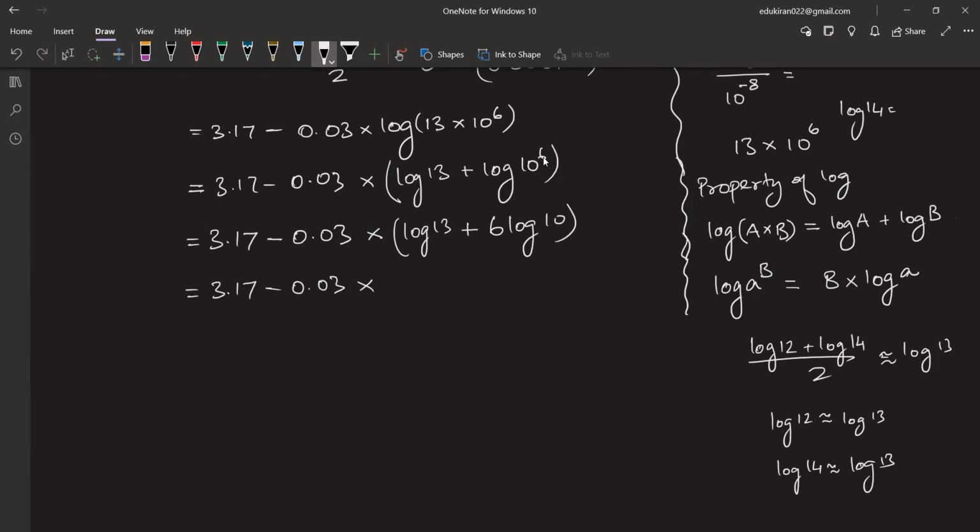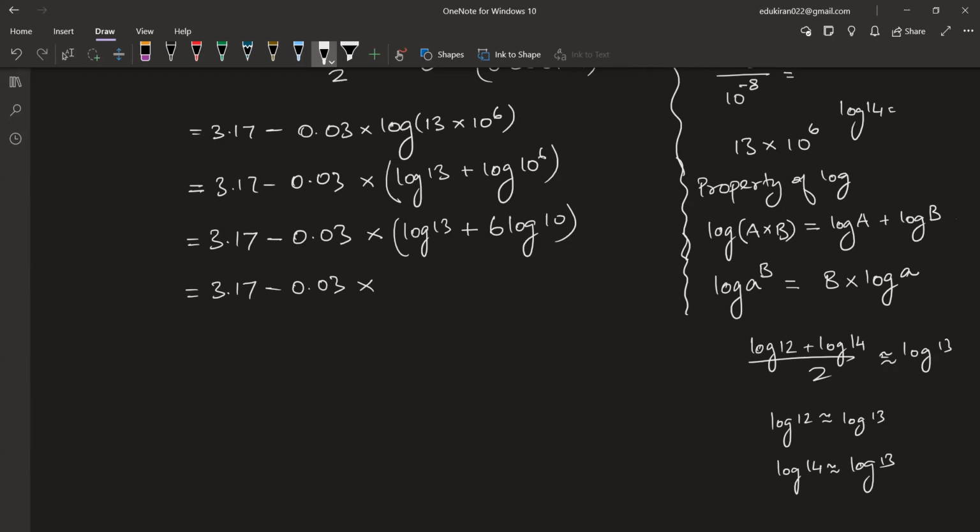And then we need to add log of 2. It will be equal to how much? 0.3. So add it, how much will it come to? Log 7 plus log 2.